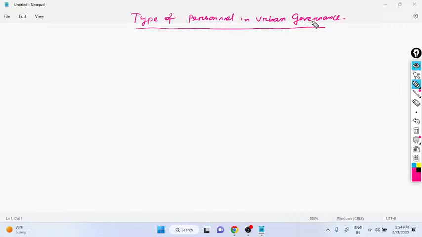Okay, so types of urban personnel system. There is the separate personnel system, and your unified personnel system, and we can say your integrated personnel system.